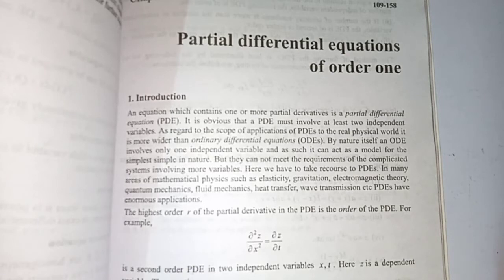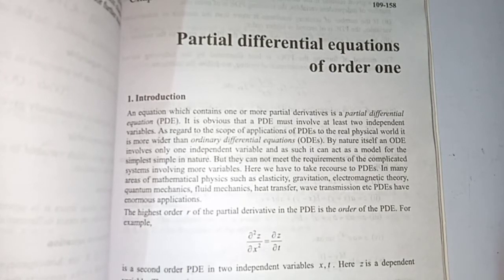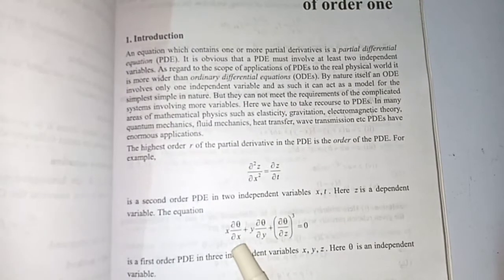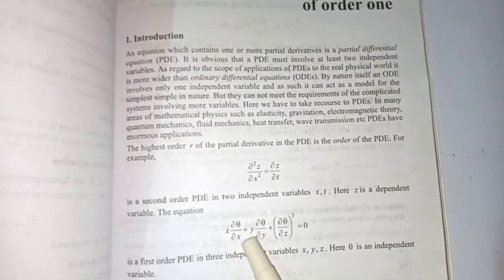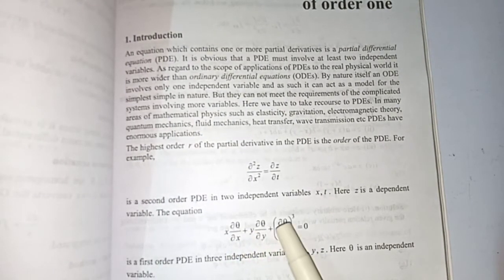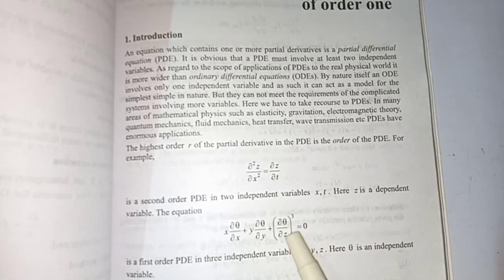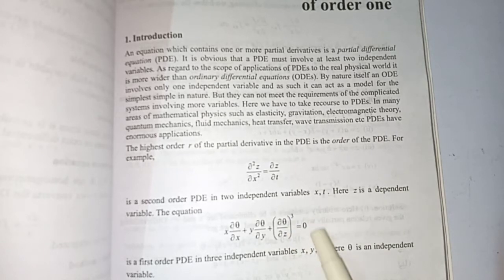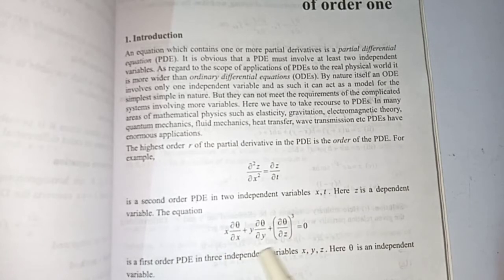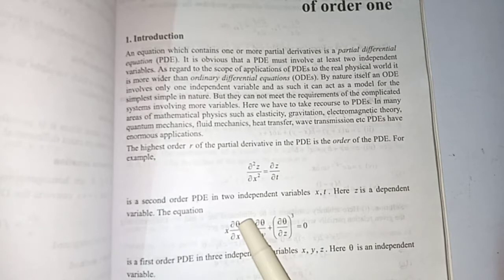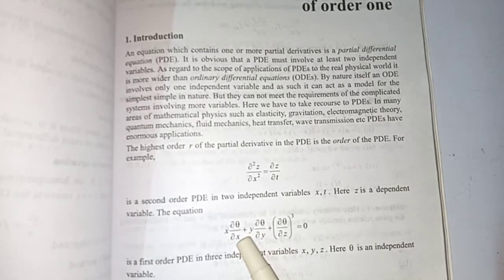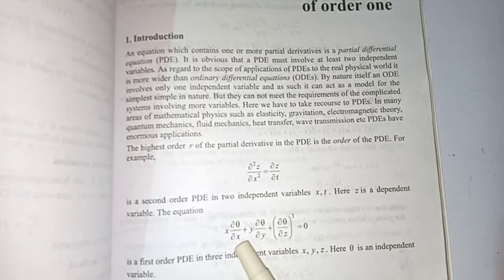Now an example of a partial differential equation is x del theta by del x plus y del theta by del y plus, in bracket, del theta by del z whole cube is equal to 0. Here theta is differentiated partially with respect to x, so del theta by del x is a partial derivative.